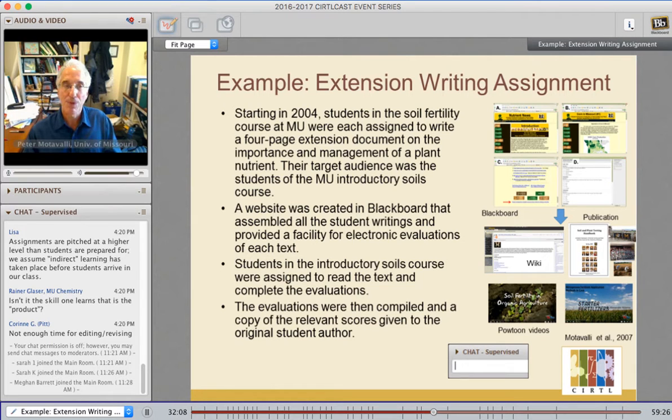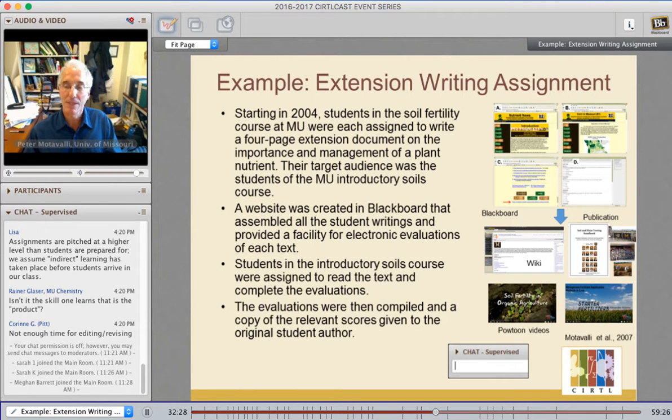But over time, this has all morphed into various forms. We started out where I was creating this website in Blackboard, to where the students were creating the website themselves in a wiki. So we did that for a little while.